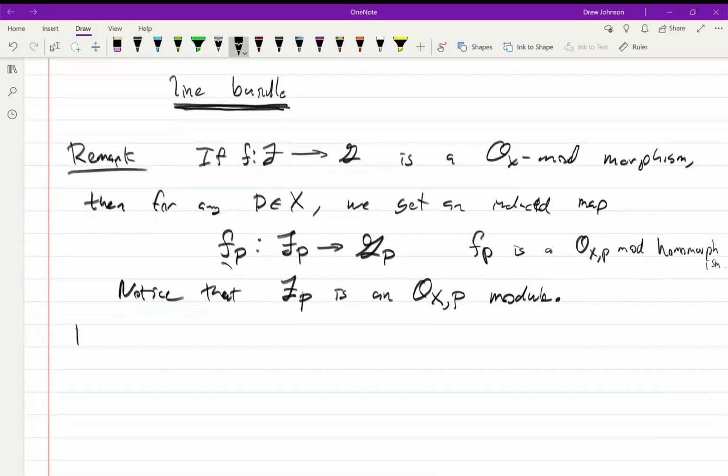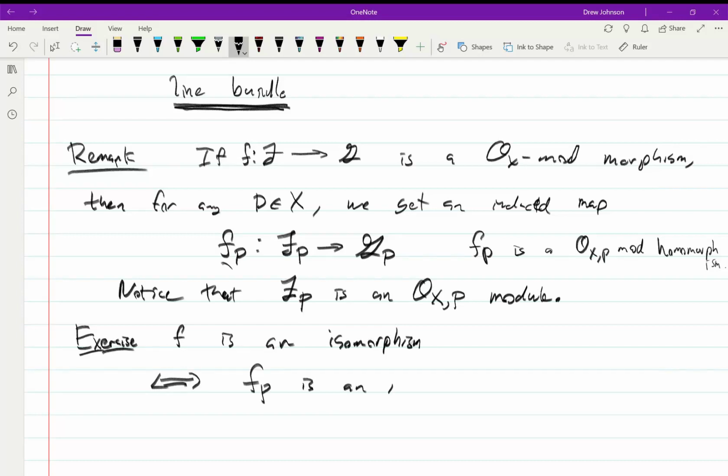And then I think there's an exercise in the notes that says that f is an isomorphism if and only if f_P is an isomorphism for each P. All right, so you can think about that.